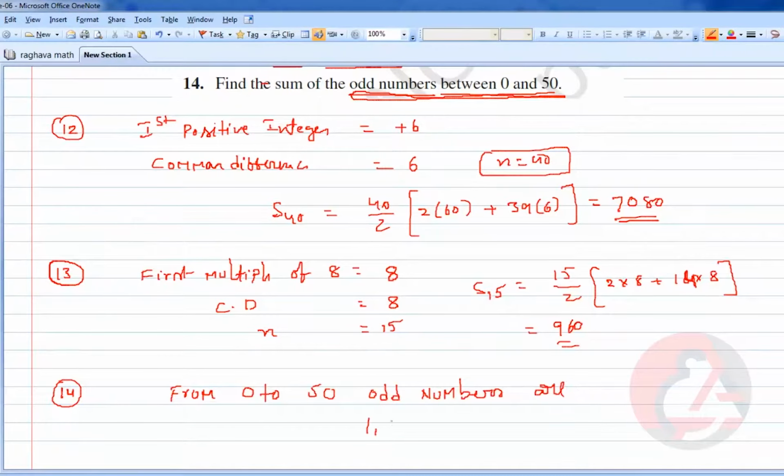Next odd number? 3. And so on. Last odd number is how much? 49.